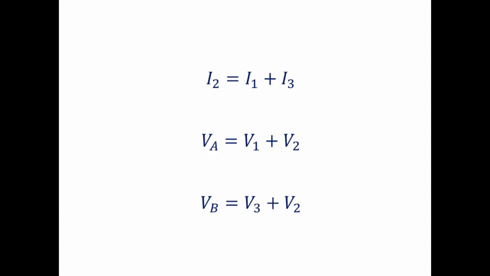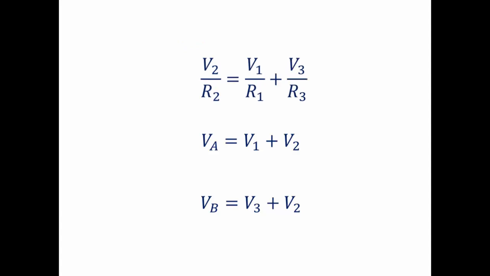Now here we have 3 equations, and there's 6 unknowns, the 3 currents and the 3 voltages. But there are actually not 6 unknowns, there are only 3, because for each of the resistors, the voltages are related to the currents. Here's Ohm's law for resistor 2, right? V2 is equal to I2 times R2, which means I2 is equal to V2 over R2, and I can replace that in this equation.